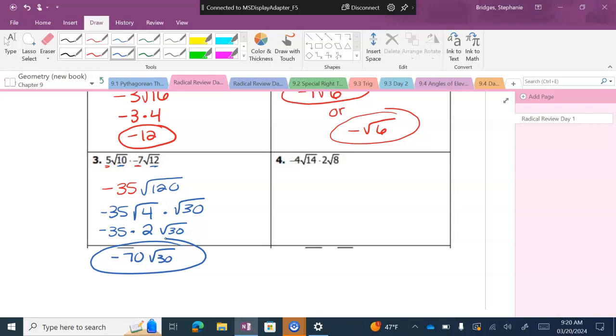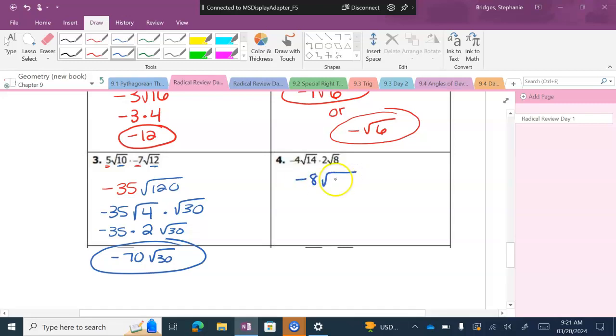Outside times outside, inside times inside. What do I get when I do negative 4 times 2? Negative 8.